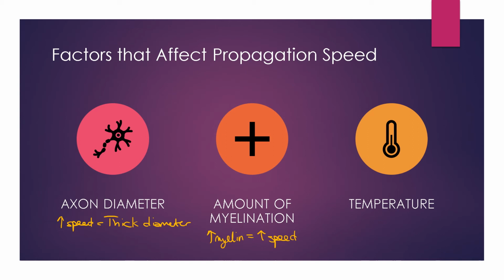Then lastly is temperature. So at lower temperatures, axons will propagate action potentials much more slowly. Everything's kind of more slowly at low temperatures. So with an increase in temperature, this will also increase propagation speed.